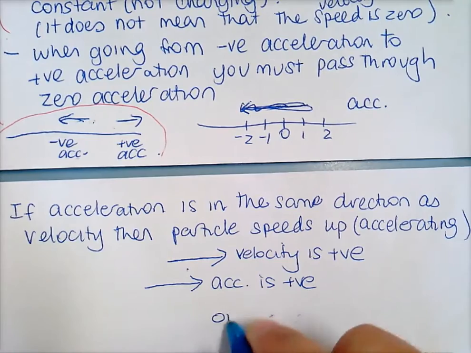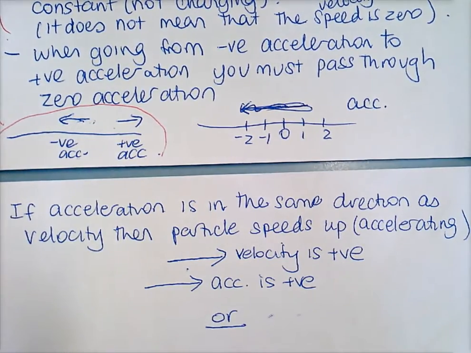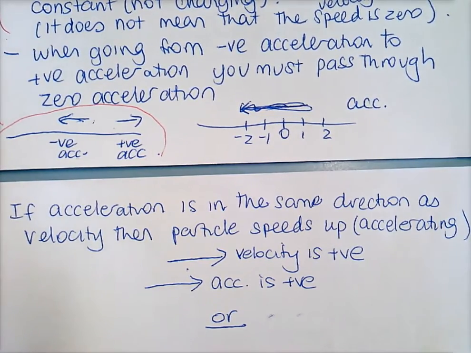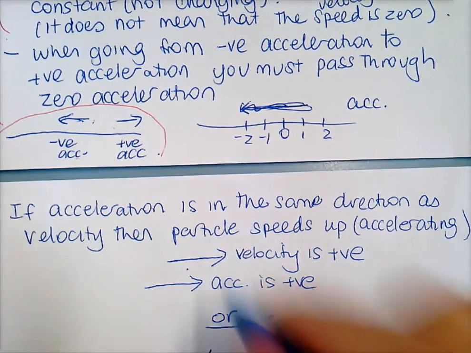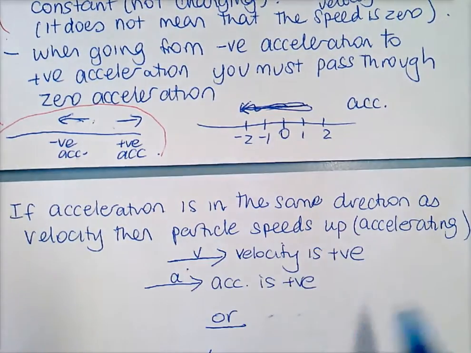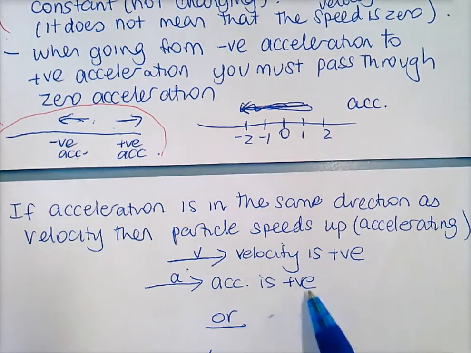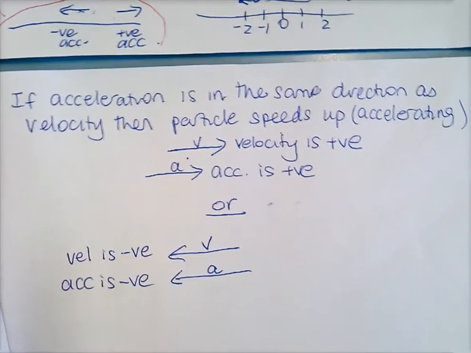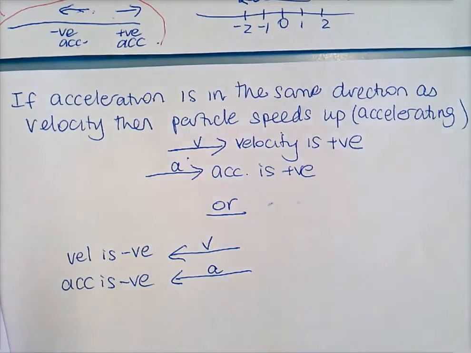So we've got that scenario, or velocity here is negative, acceleration is negative. So if the velocity is this way and the acceleration is that way, yes, the particle is accelerating. If acceleration is in the same direction as velocity, then the particle speeds up.